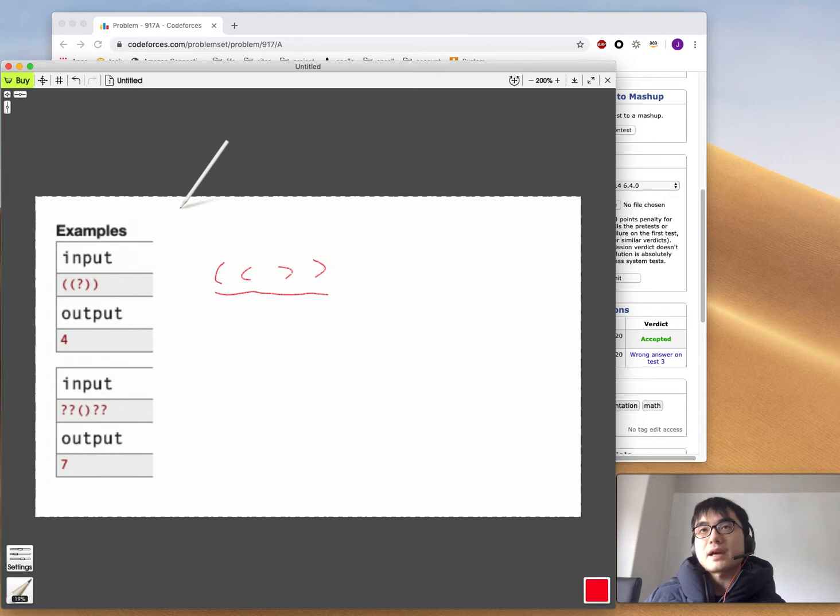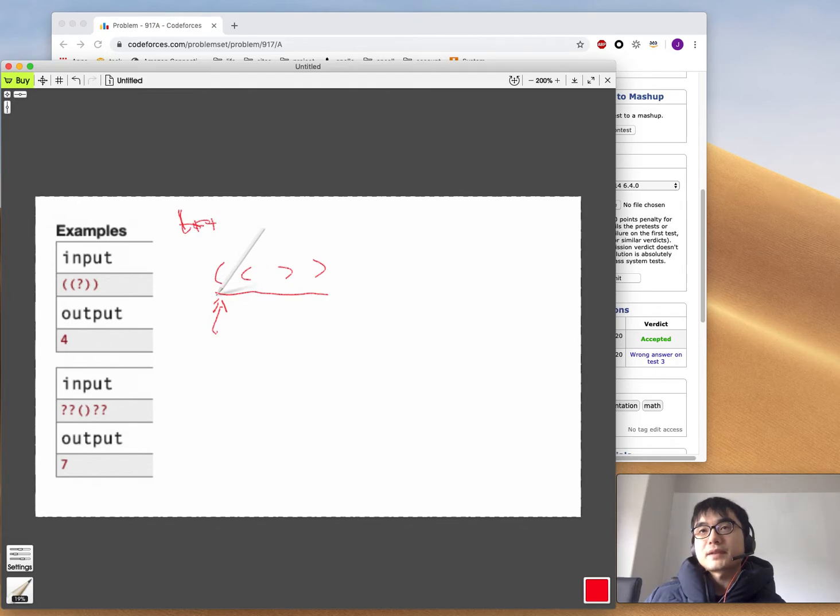We are going to have a left parenthesis counter, right? So we have a pointer starting from the left side, and if we find a left parenthesis, we are going to increase this counter by 1.